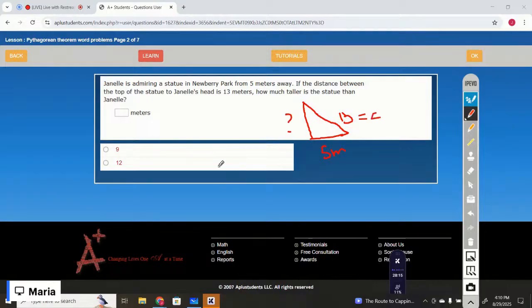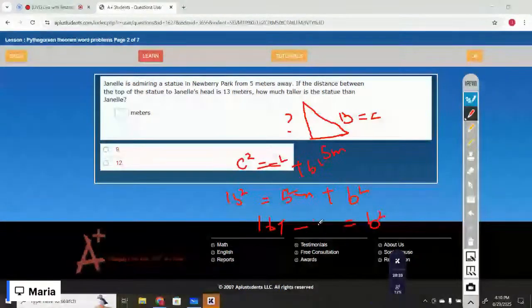So C equals 13, and that is 13 squared equals 5 squared plus B squared. 169 minus 25 is 144.